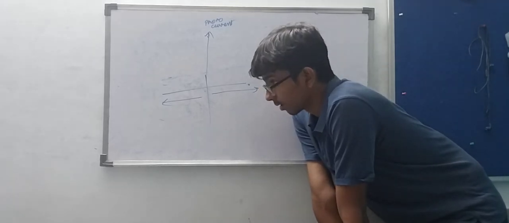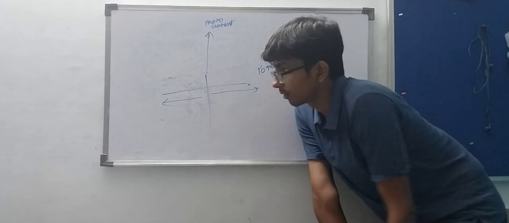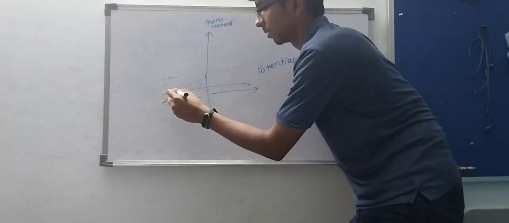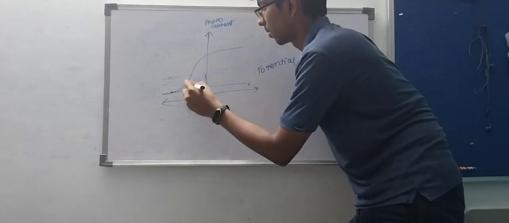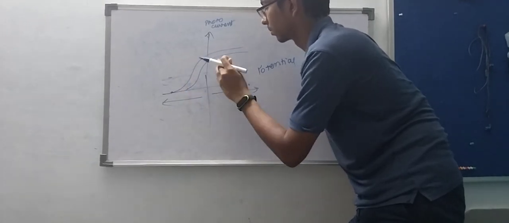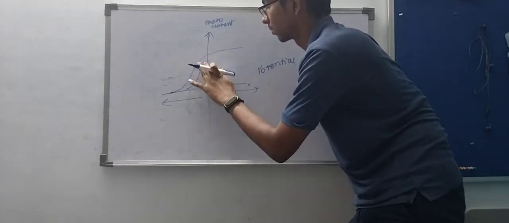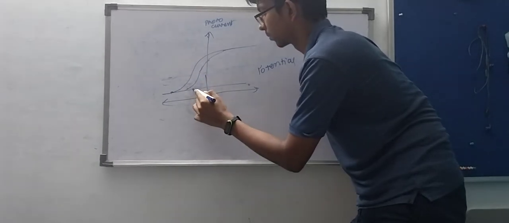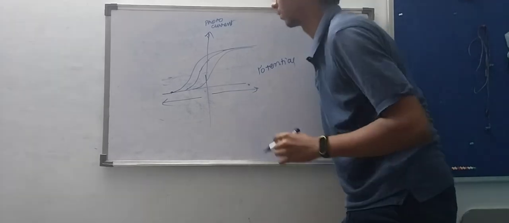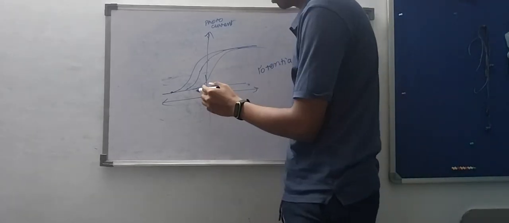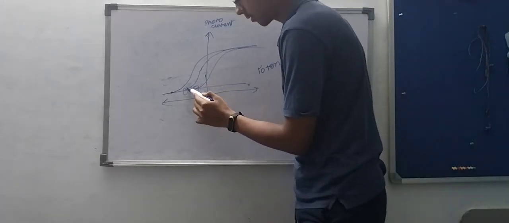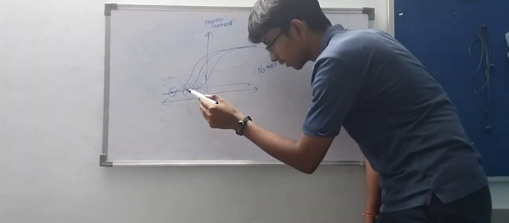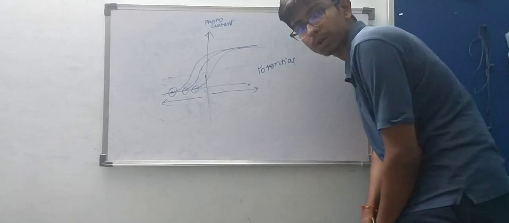So for different frequency, this kind of graph will come. We can see here, this is the least stopping potential, this is more stopping potential. Magnitude wise, this is the least, this is more, this is more stopping potential.